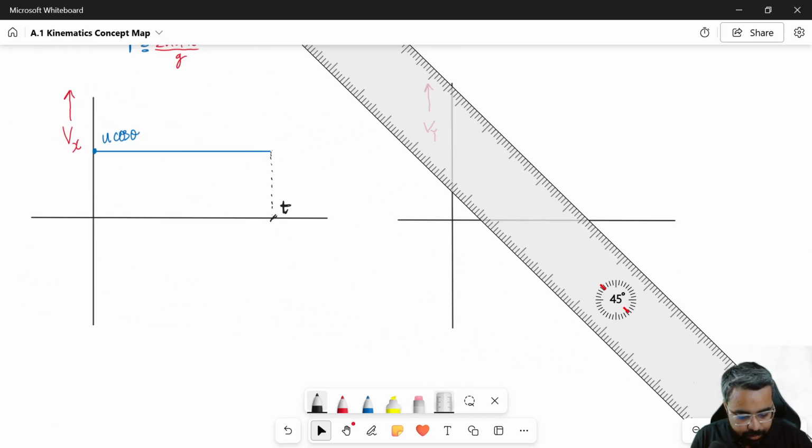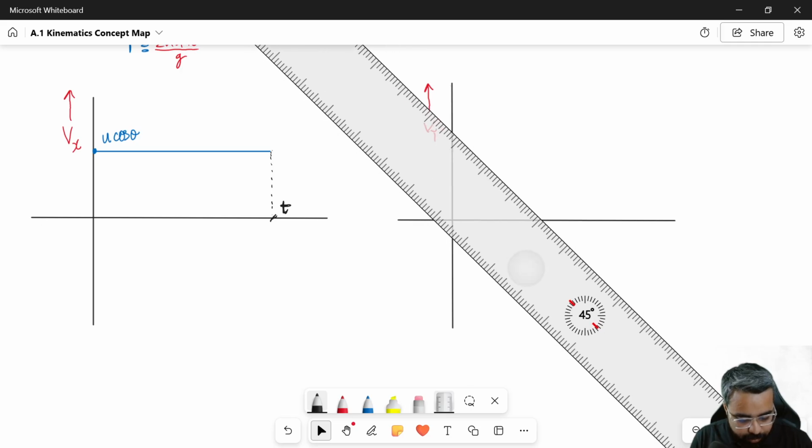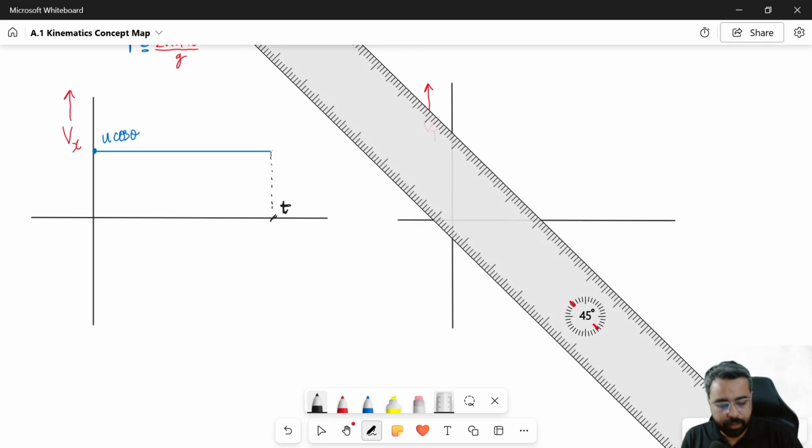We have seen at the start, the vertical component of velocity was maximum, right? When you threw the ball, that was U sine theta. As the ball goes up, it decreases and becomes 0 at the maximum height. And when the ball comes down to the ground, the vertical component of velocity increases negatively, which we should see from the graph.